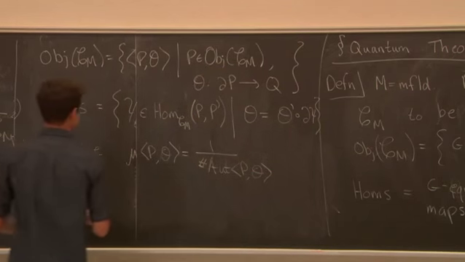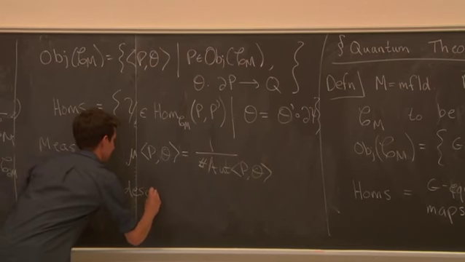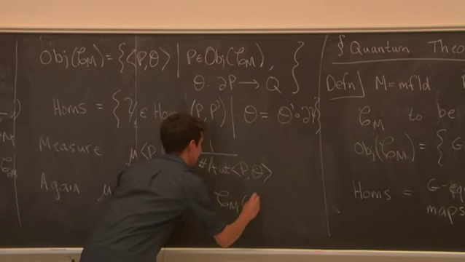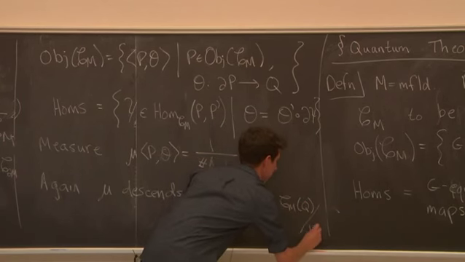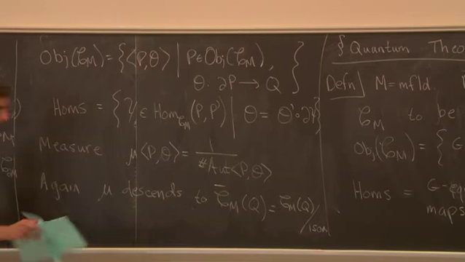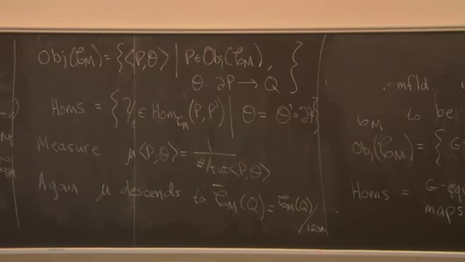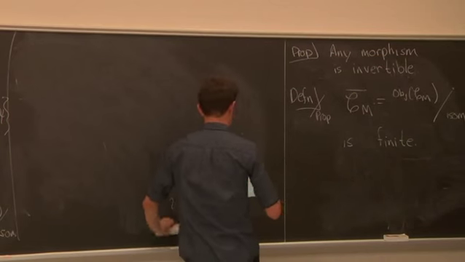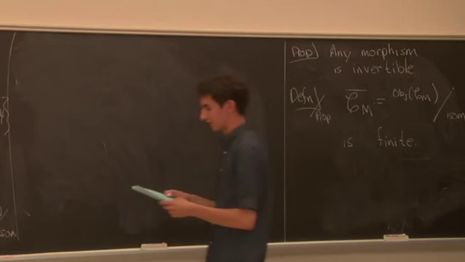And again, this will descend to a measure on equivalence classes, these being isomorphism classes in the category. Okay, cool. So now we're ready to define the quantized theory.